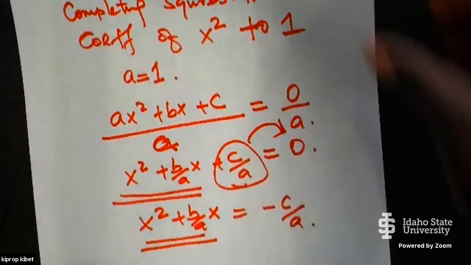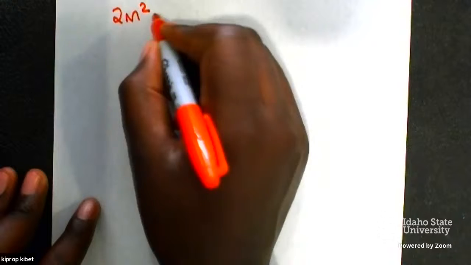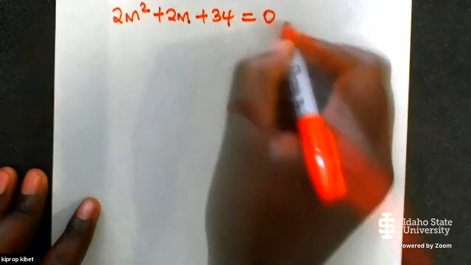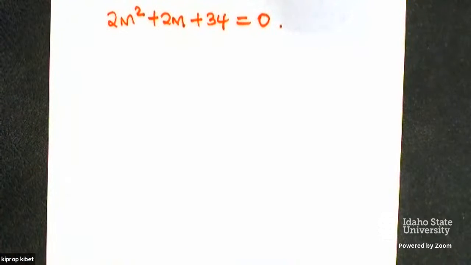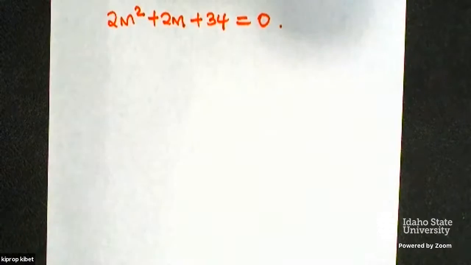So, for example, we have an example here: 2m squared plus 2m plus 34 equals 0. Use completing the square to solve that.